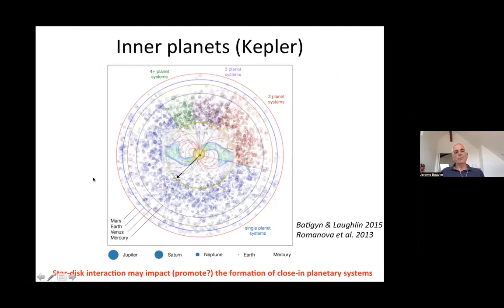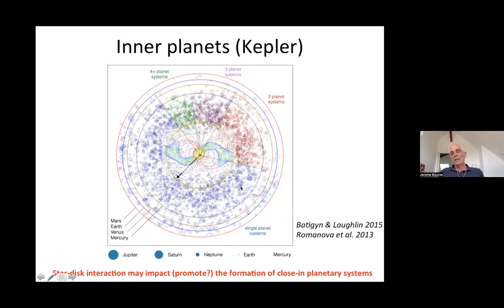And another reason, the third reason perhaps, is that this is the magnetospheric accretion at scale. So it's a fraction of a tenth of an AU. And at the same scale, these are the low mass planets discovered by Kepler. So if the low mass planets form early in the life of the star, then they probably interact.